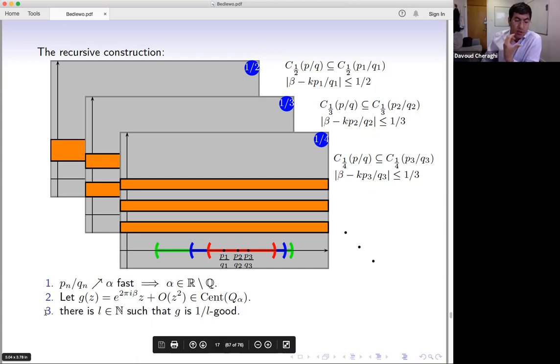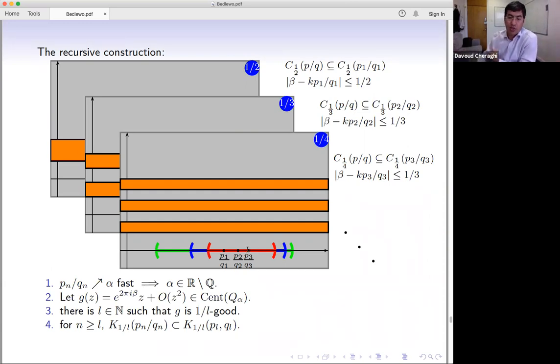Okay. So of course, G is arbitrary, but there will be an integer L such that G is 1 over L good. So that means from that step onward, because all of these rational numbers are contained in the neighborhood of PL over QL, because these are becoming a nest, all the eventual rational numbers are contained in that neighborhood.